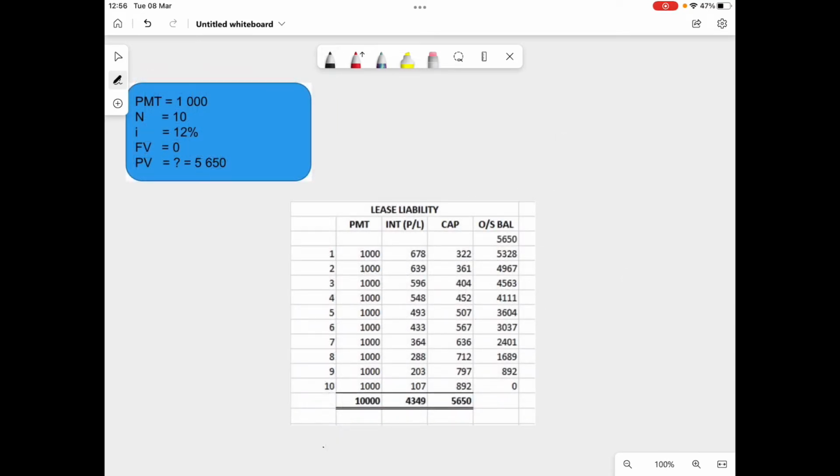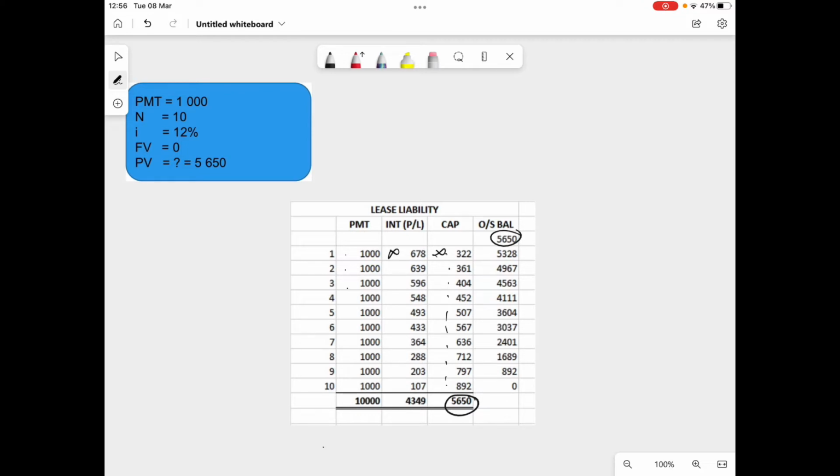Here we have our full amortization table, and you will see that every payment we've made has been broken up into its interest component and its capital component. When we add up all the capital components for the 10 payments, we get to the 5650, which is the repayment of the capital amount outstanding on day one.